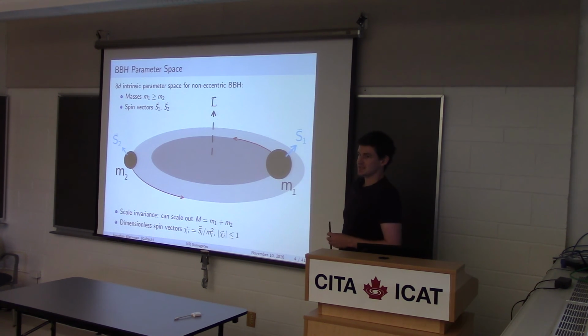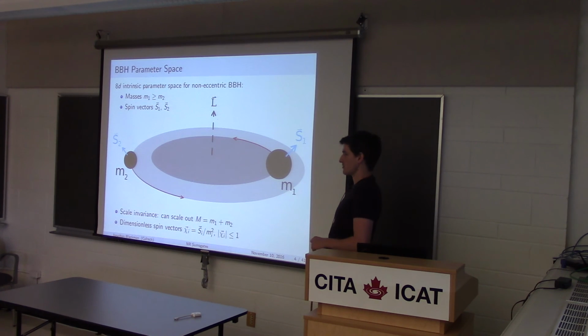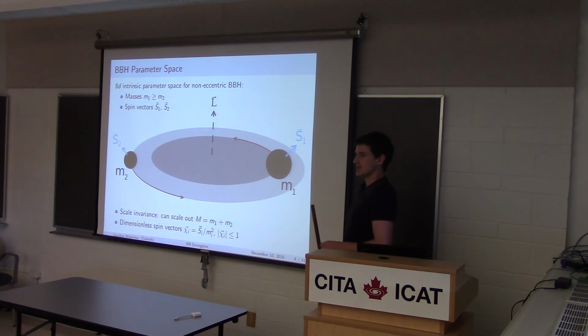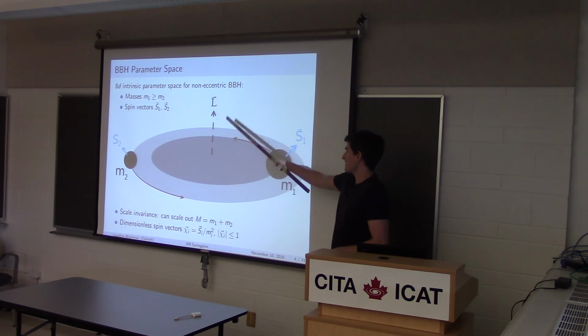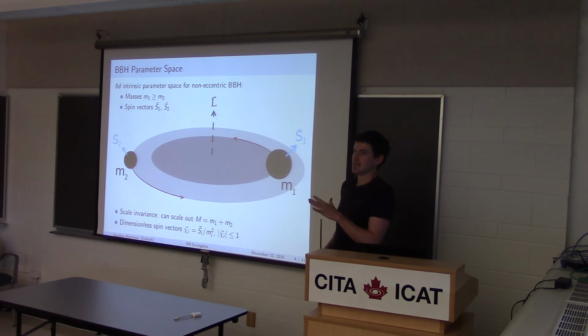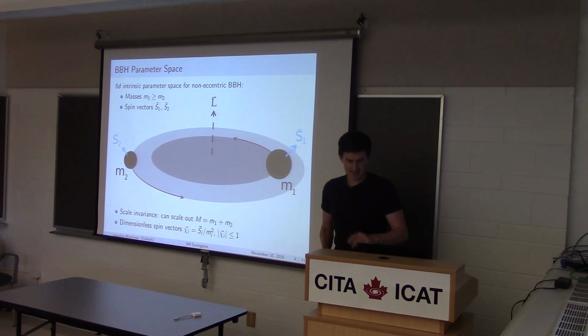So general relativity is scale invariant, so we can scale out the mass, which leaves us with a 7-dimensional intrinsic parameter space consisting of the mass ratio and two spin vectors. You'll note that in this figure I've drawn here, the two spin vectors are misaligned with the orbital angular momentum. So in this case, the orbital plane will precess as the binary evolves, and the spin vectors will also precess.